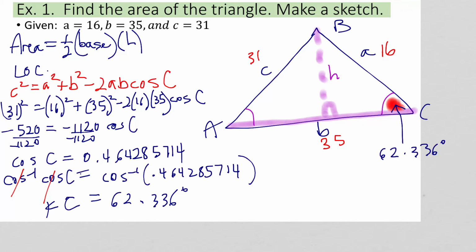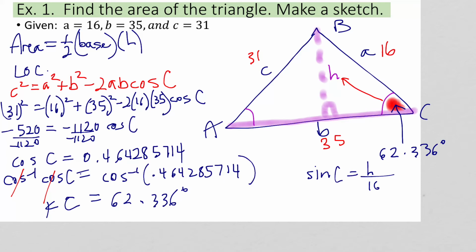Now I can calculate my h by using right triangle trig. So standing on the angle C, h is my opposite side. So sine of the angle C is equal to opposite over hypotenuse, where the hypotenuse of this right triangle here is 16. So I'm going to fill that in. I'm going to substitute C there.